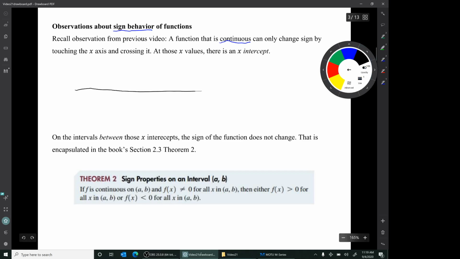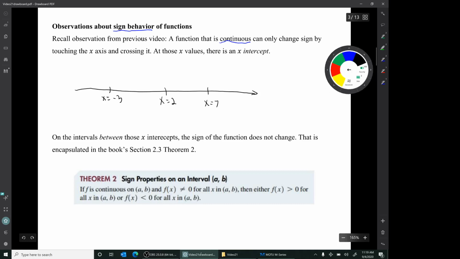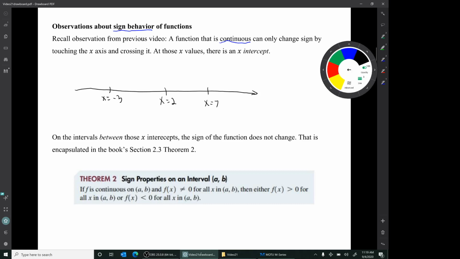We had a number line, and we had some important x values, and we knew some sign behavior on the intervals between those x values. We knew that on those two green intervals, the function was positive, had positive y values. And we knew that on those blue intervals, the function had negative y values.